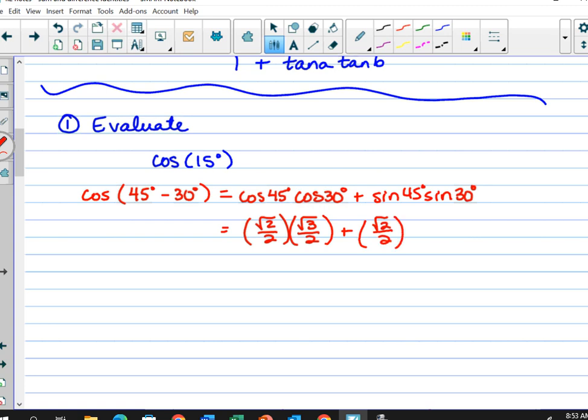It's like 1/2. And 1/2. Okay, and then we simplify. So what's root 2 times root 3? That's root 6 over 4 plus root 2 over 4. So your final answer is root 6 plus root 2 over 4.